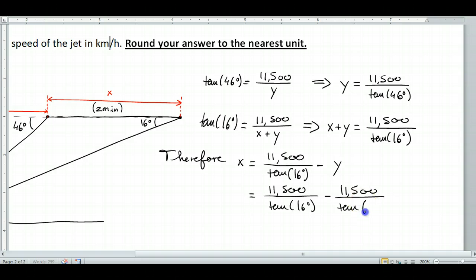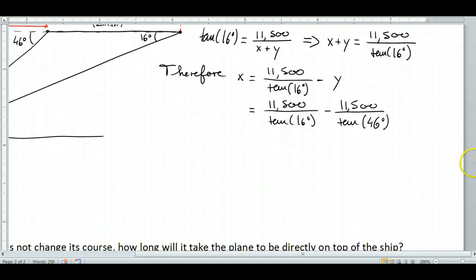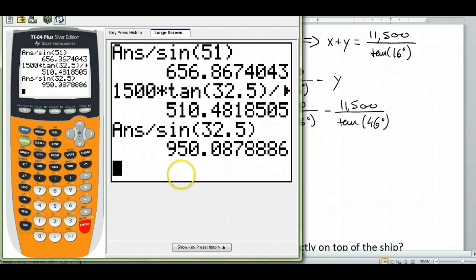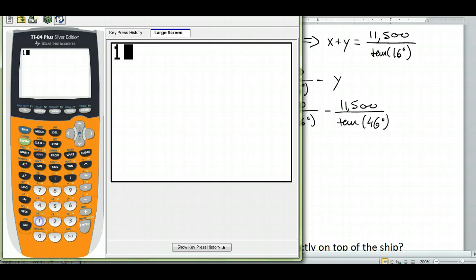Alright, now this I do need, right? So let's figure out how much that is. I'll take my calculator. Okay, let's clear everything. 11,500. Actually, I'm going to factor that, because you can factor it, right?